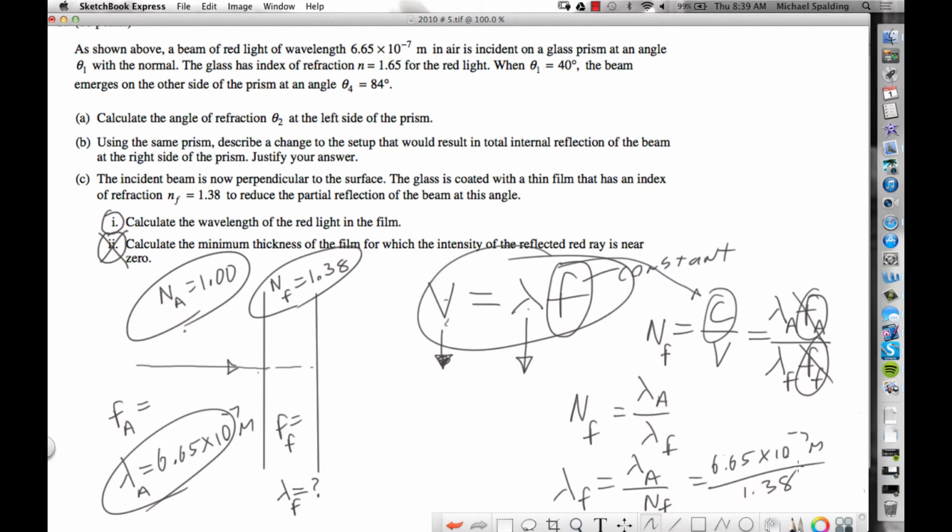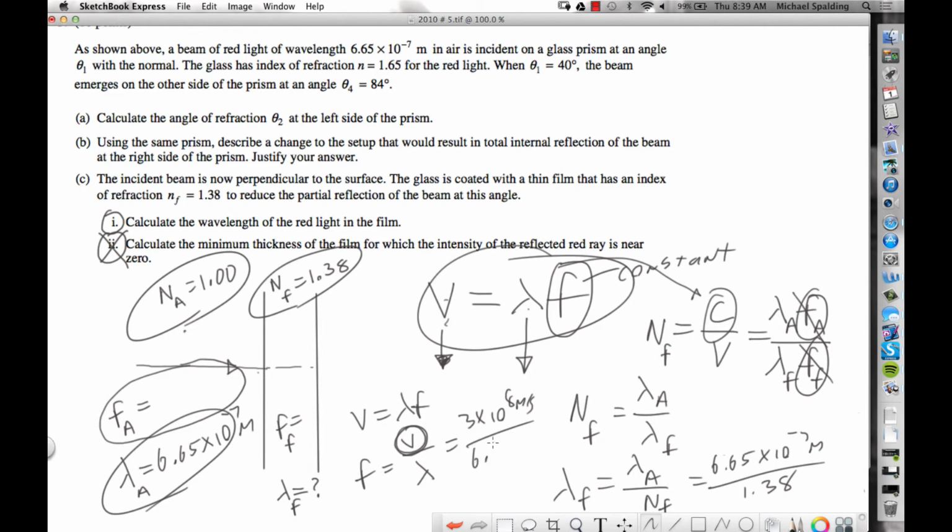Or you know what, guys? I don't know if that makes much sense. Another way you could have done this is to calculate the frequency in air. How would you find the frequency in air? Velocity is wavelength times frequency, so frequency is velocity over wavelength. What's the velocity of light in air? 3 times 10 to the 8th meters per second.